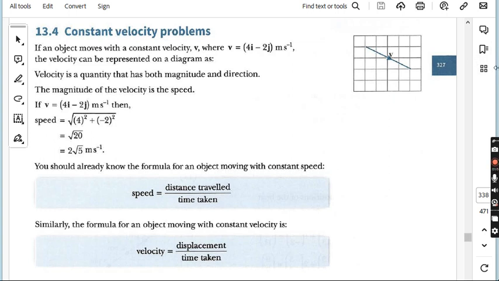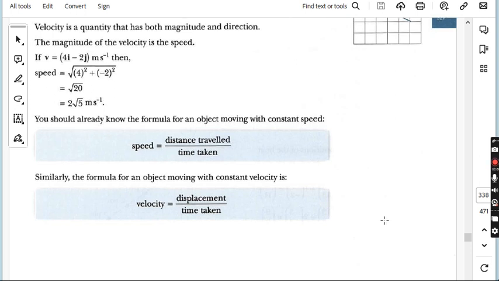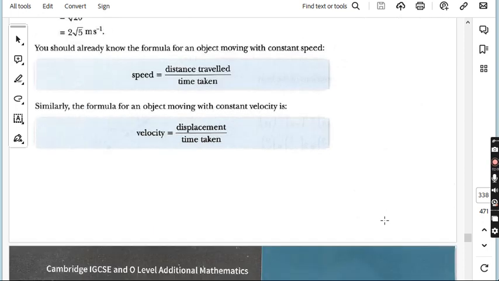You have studied this in physics as well, so I am not going into detail. Just know that speed is a scalar quantity and velocity is a vector quantity. For speed we need distance and for velocity we need displacement.